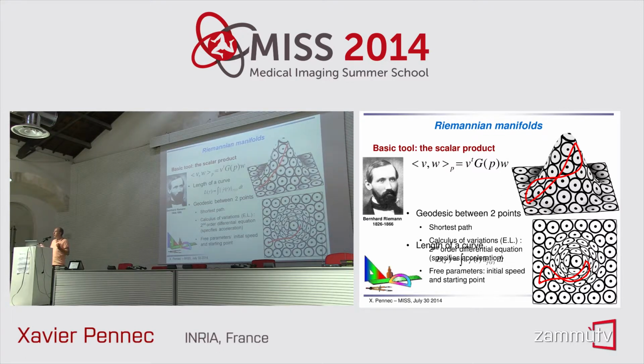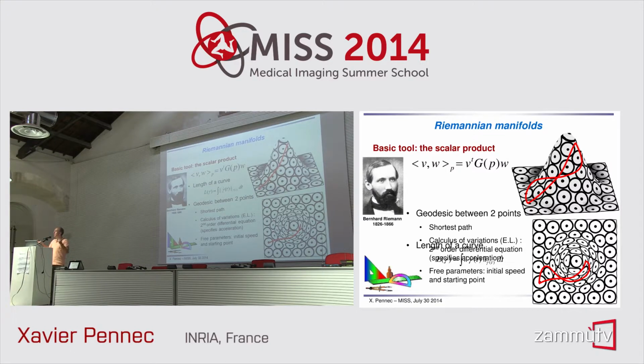Okay, so no equation, it's just the idea that we can do it. And mathematically, there's one thing that is important here, which is that the Euler-Lagrange equations are a set of second-order differential equations. And you know that when you have a first-order differential equation, when you integrate, you have one parameter which is free, which is the starting point.